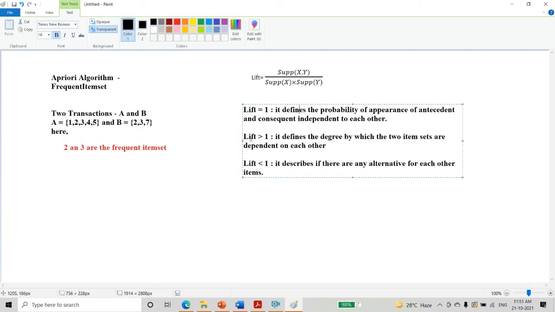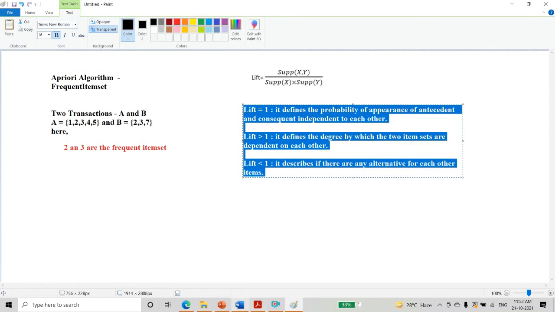But if the lift is greater than 1, it defines the degree by which the two item sets are dependent on each other. And the third case is what? Lift is less than 1. It describes if there are any alternatives for other items. So these are the three conditions for lift.